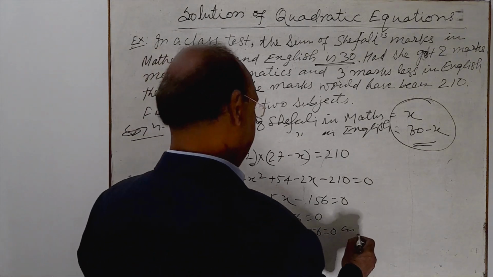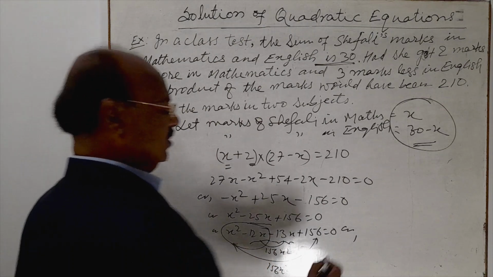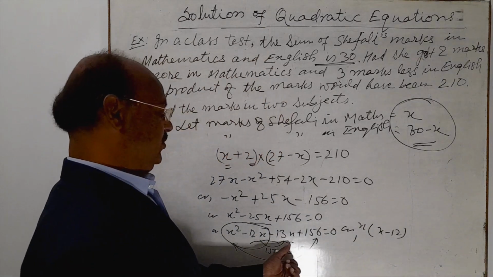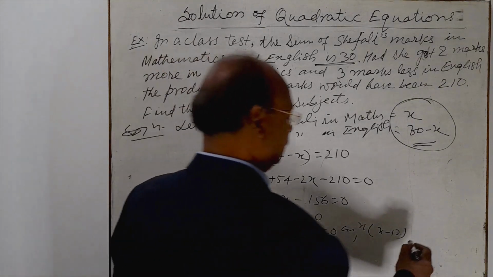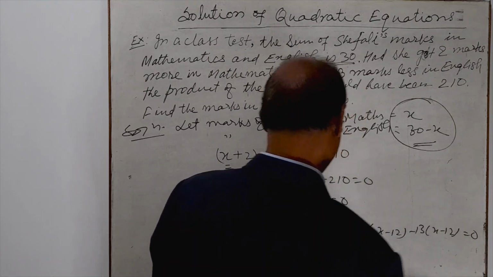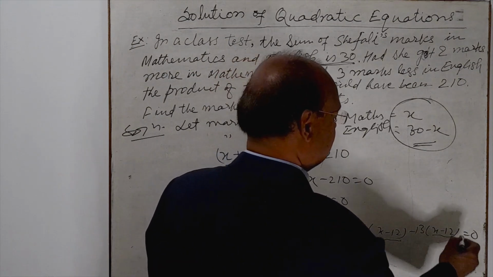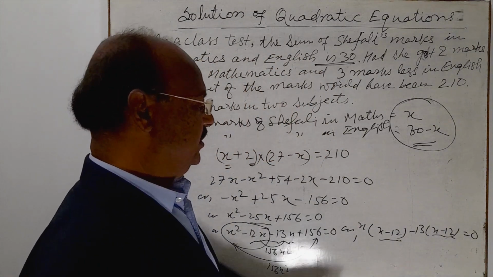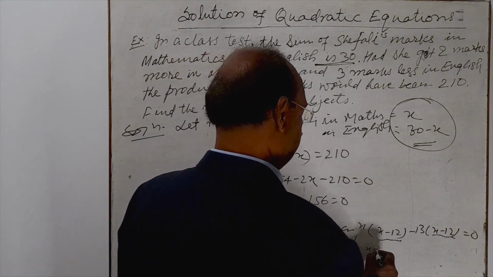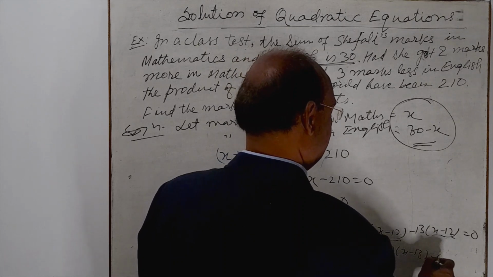Now taking common from these 2 terms, x will be common, so x minus 12, and from these 2 terms minus 13 will be common, so minus 13 times x minus 12 is equal to 0. You have to be very careful that the expressions inside these 2 brackets remain the same, so that you can take x minus 12 common once again. Here x minus 12 is common, and here x minus 13 is equal to 0.